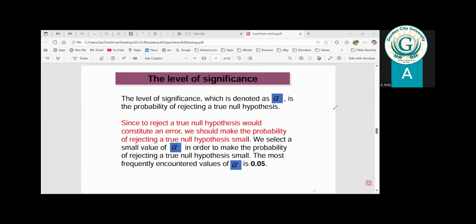And before I continue, I want to ask a question. Let's assume this is the pregnancy test kit. If I do my pregnancy test and I have this, is it positive or negative? Class rep, answer me.